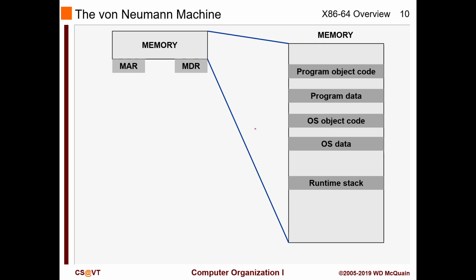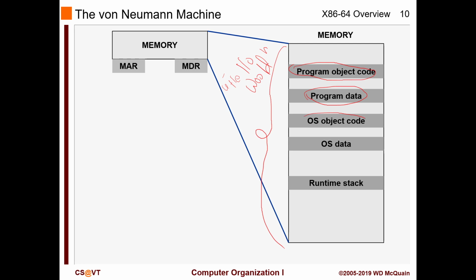From the von Neumann machine, you can see that in the memory, this is how your program is going to look. It has the program object code, the object file we always show you. This is where it's going to be stored. Program data, the program has lots of data, right? For example, your string hello world is going to be stored in the program data part.